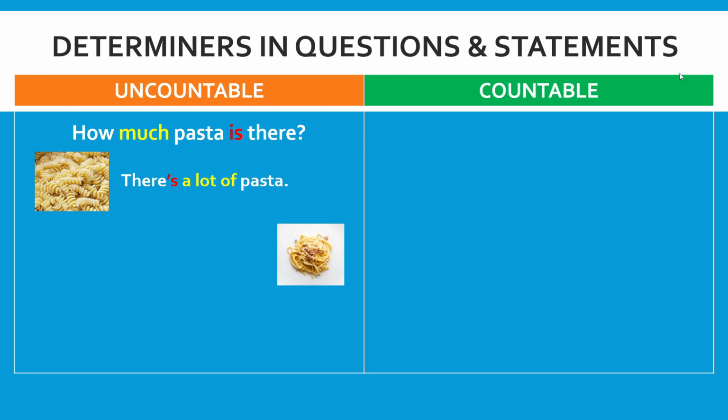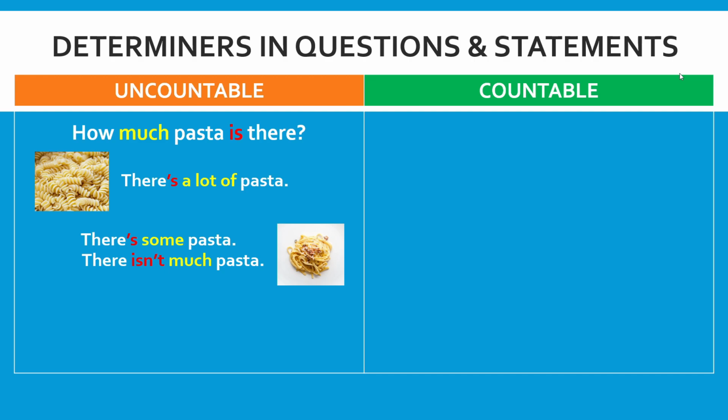Now you have two options to say this. First, you can say there's some pasta, or you can also say there isn't much pasta. So either one of these two sentences signify the moderate quantity of the pasta itself.